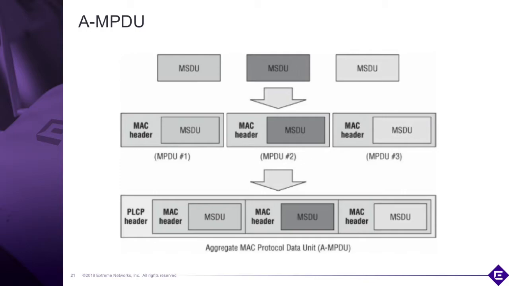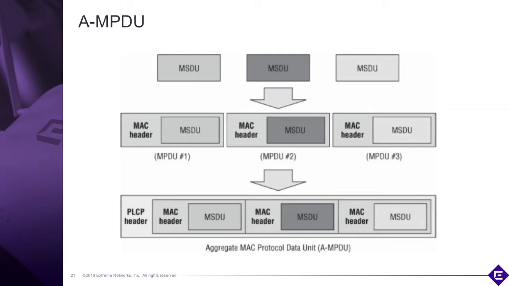And this is because, unlike the MSDUs, every MPDU will have its own MAC header. So we're still saving on some of the overhead that is involved in transmitting multiple frames, because we get to send this all at once. We're not competing for the medium over and over again. However, there is inherently more overhead than the aggregated MSDUs.